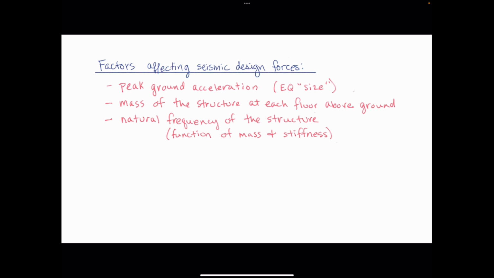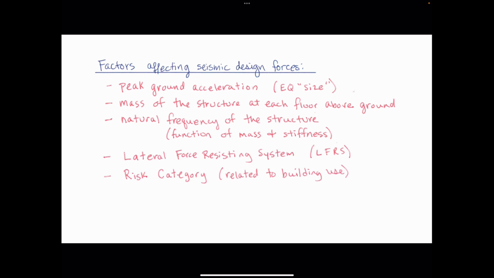In practice for seismic design, it depends on the structure, but if we have a finite element model, we can usually obtain the stiffness straight from that finite element model. If we don't, or if we're using a simplified approach, there are some ways that we can estimate the stiffness for certain design assumptions and purposes. But one way or another, we get some representation of the stiffness and the mass to figure out the natural frequency of the structure.